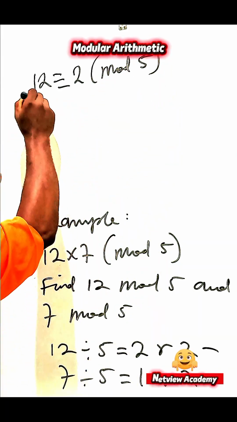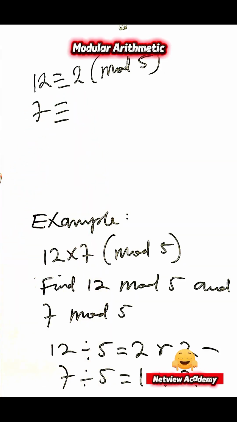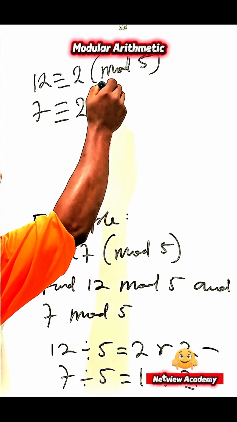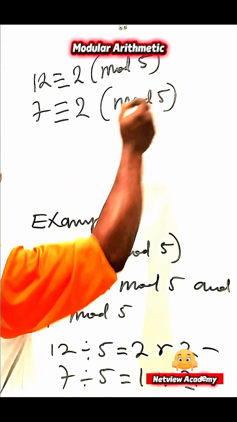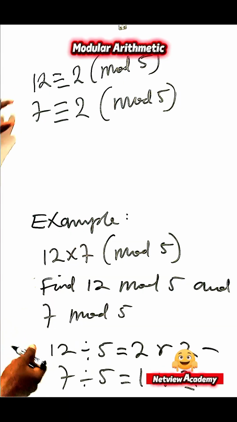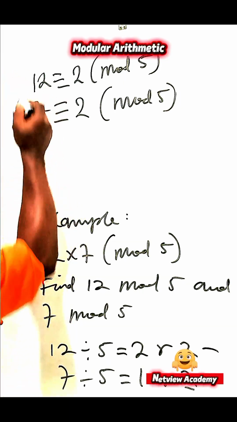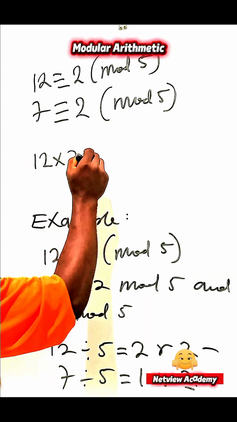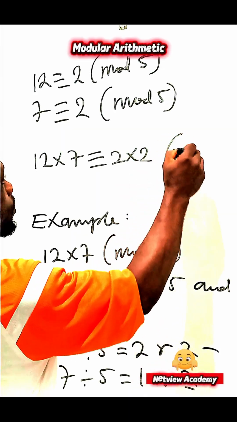Second expression, 7 is congruent to the remainder 2 when it is divided by 5 as well. Now these two expressions, we're going to multiply both of them together. Now this becomes 12 multiplied by 7 is congruent to 2 multiplied by 2 mod 5.